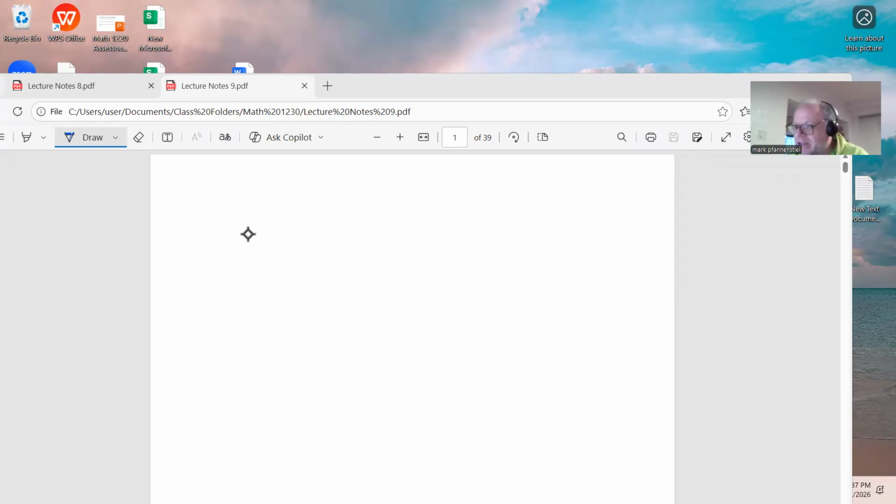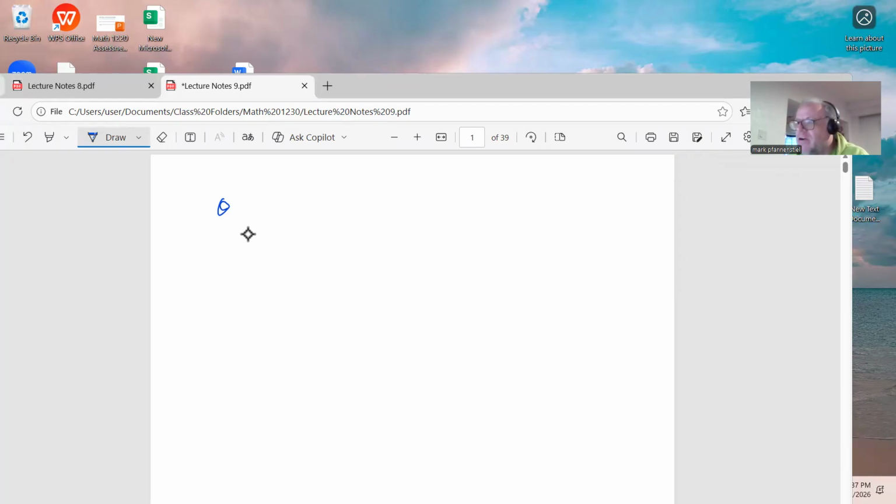So again, to remind us, a trig function takes an angle and maps it to some kind of a ratio. The inverse trig function takes that ratio, just using sine, for example, and maps it back to the angle that would give this to us.